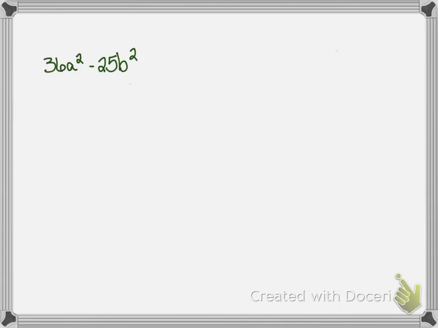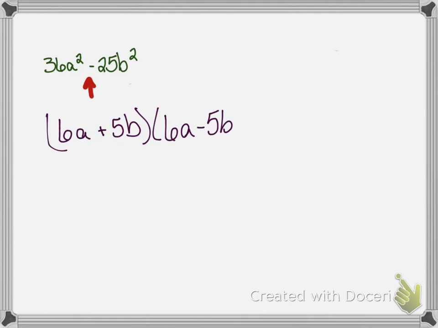So 36, A squared, 25, and B squared all have to be perfect, and it has to be a minus sign. If you don't have that minus sign, you can't do it. It's got to be subtraction. And I take the square root, so I have 6A plus 5B, and then I have 6A minus 5B.